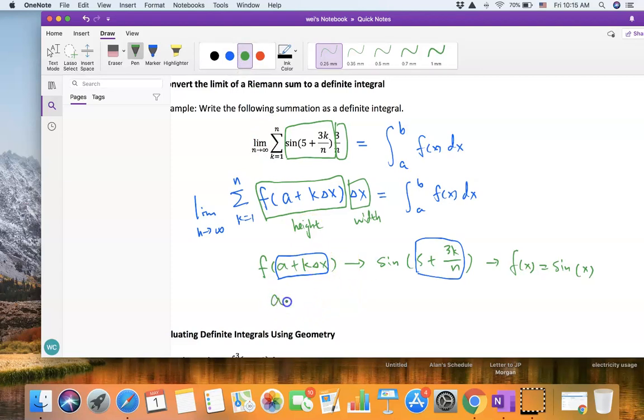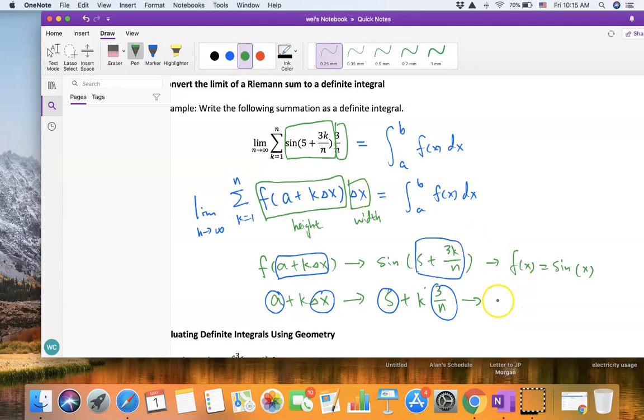So a plus k delta x is pi plus 3k over n. Let me rewrite this as k times 3 over n. If we compare these two things, we can see that if this is pi, then the delta x would be 3 over n.